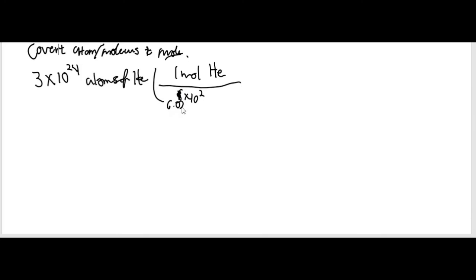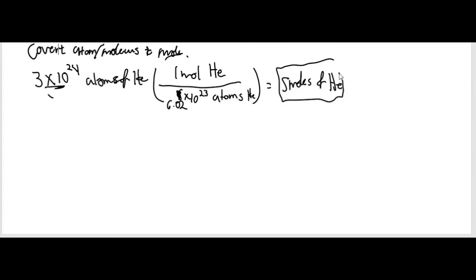Here's the value of Avogadro's number. Now, let's divide this and this, and we'll get 5 moles of helium. There you go. That's the final answer.